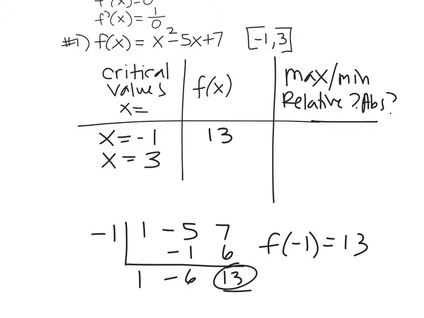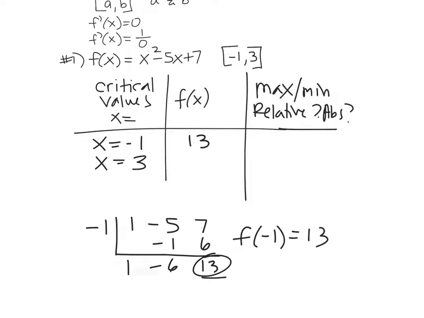Whatever your remainder is, that's what it's going to be. That's synthetic division. I like it, especially if you get really big numbers and they're complicated and you don't have your calculator. Okay, and then what about 3? Did you plug 3 in? So 9 minus 15 plus 7, 1.